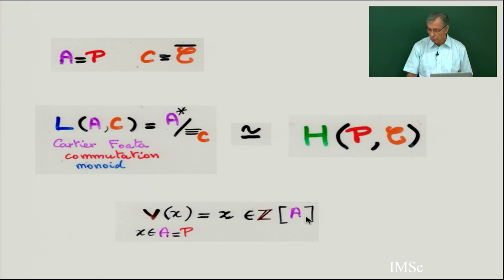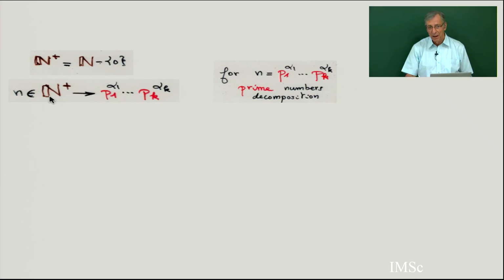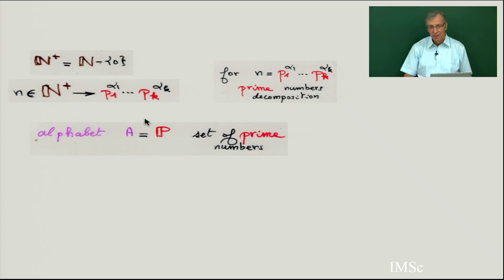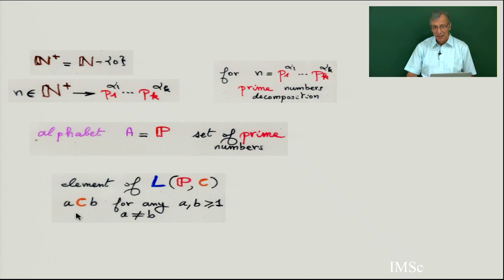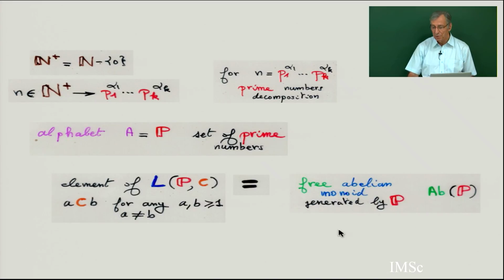In a special case of the factorization of prime numbers, how to get back the Möbius function of number theory? I take the alphabet A to be the set of prime numbers. Now what is an element of the commutation monoid of the prime numbers, where every letter commutes? Any n can be factorized like this.